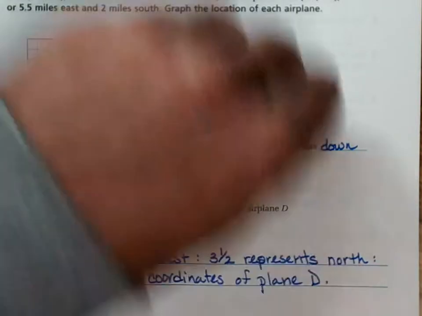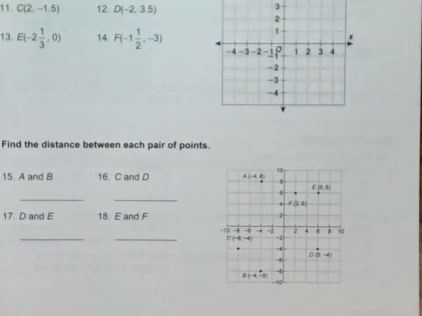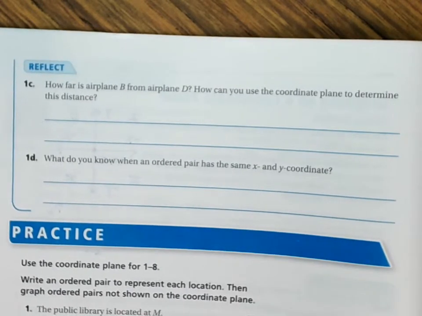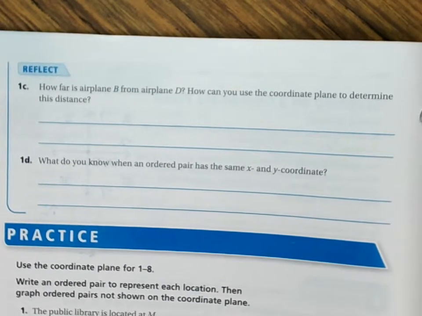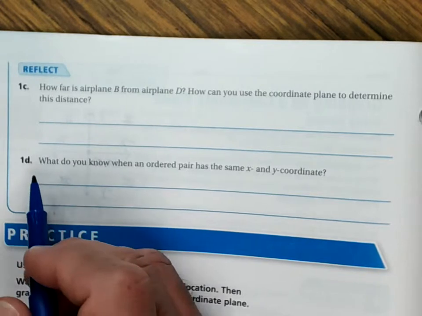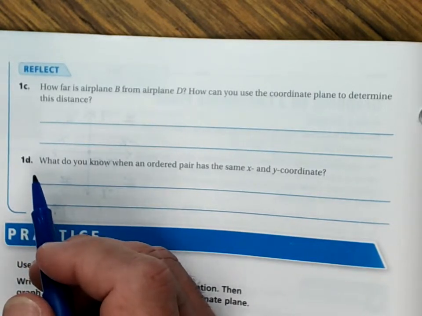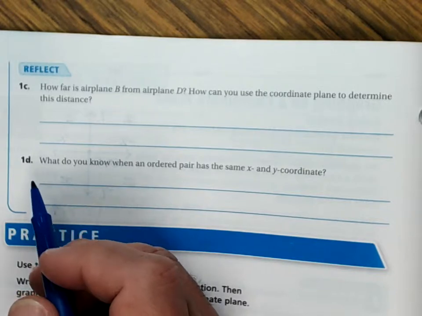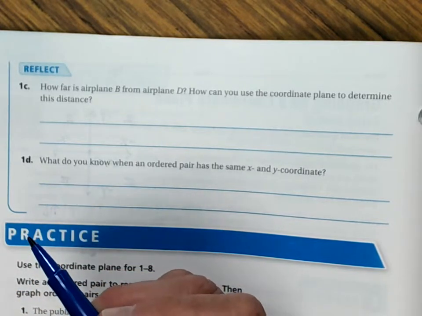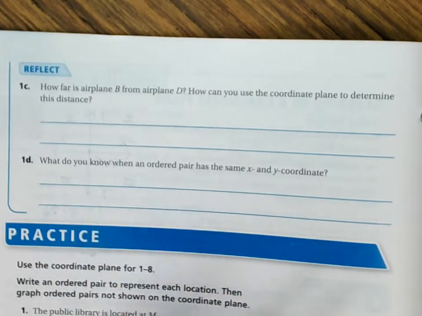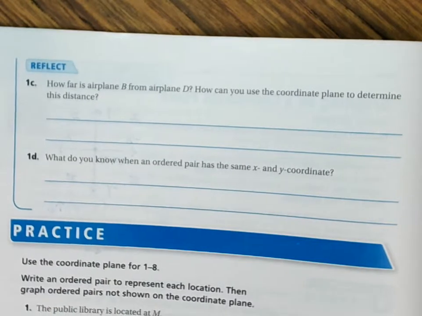Alright, here we go. We have 2 more to go. Alright, so we're going to have to flip the page on this, but let's read the question first. How far is plane B from plane D? How can you use the coordinate plane to determine this distance? Alright, so now I got to go back.